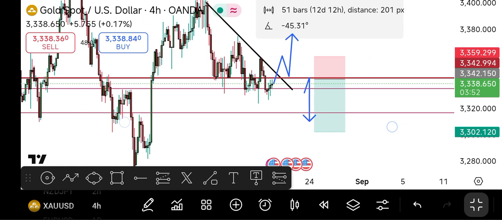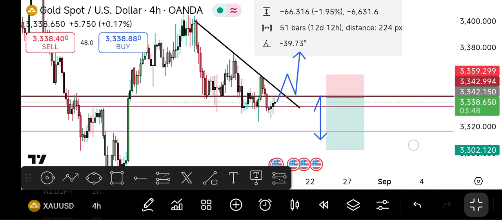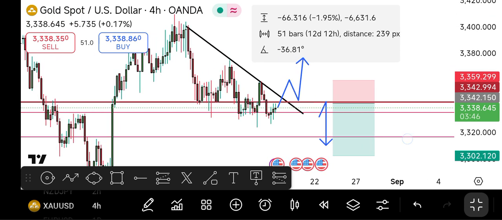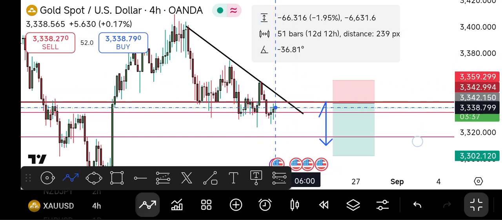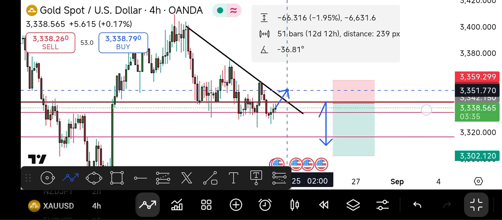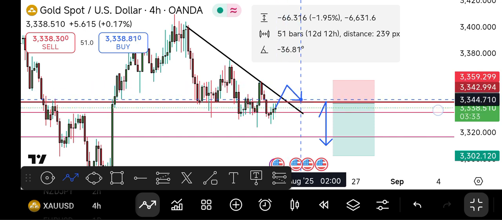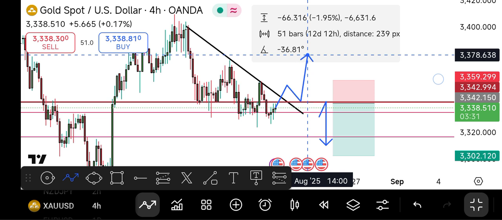So let's move on. This is XAUUSD. I've analyzed the chart and I was expecting a clean break and retest of the upside of the market. If I am to buy, according to this market, I was expecting a break and retest of this level. Then the market moved to the upside.